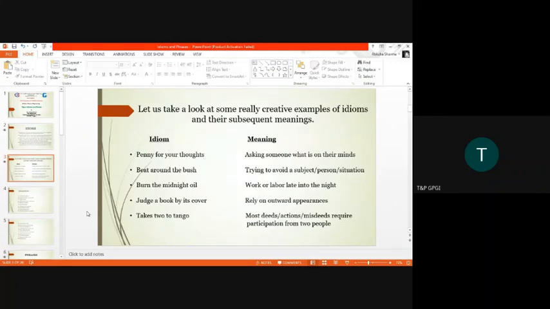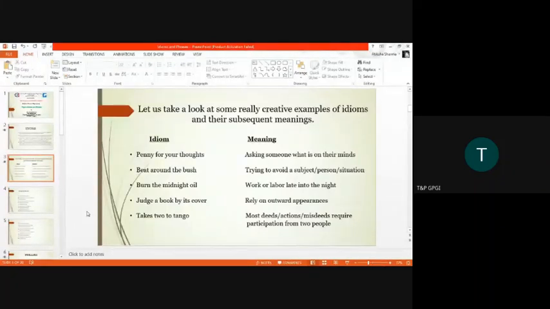Like, if you're judging a person by whatever he's portraying, action, anger, you can't just say, okay, fine, he's very aggressive, we should stay away from him. It's not like that. You don't know his situation. So a person will say, don't judge a book by its cover. He might be a good person, right? So there you can use this idiom.